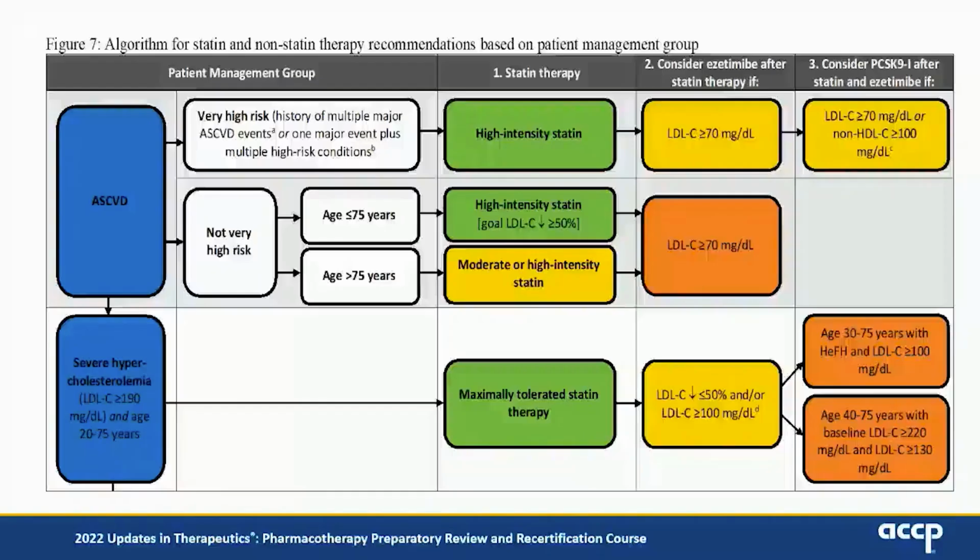In our severe hypercholesterolemia patients, the goals from the guidelines are an LDL-C reduction of at least 50% or a threshold of at least 100, where you could add on ezetimibe, and then you can consider adding on a PCSK9 inhibitor. They give some very specific recommendations, which are just essentially the inclusion criteria from the specific studies, but PCSK9s can be considered add-on therapy in patients with severe hypercholesterolemia.